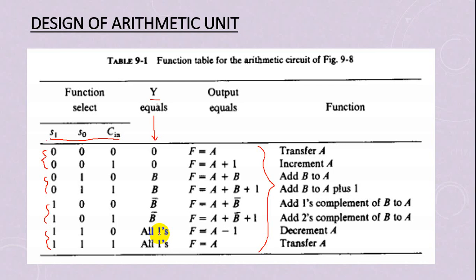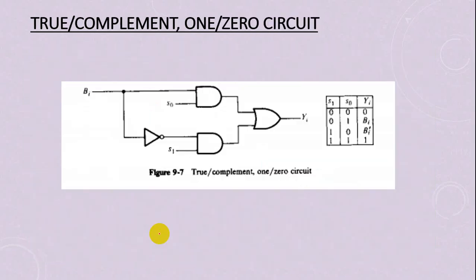So we summarize this fact in a tabular form over here. Clear? So this is the truth table. Now we can easily find the equation of Y. What is the equation of Y? Get the equation of Y from here.